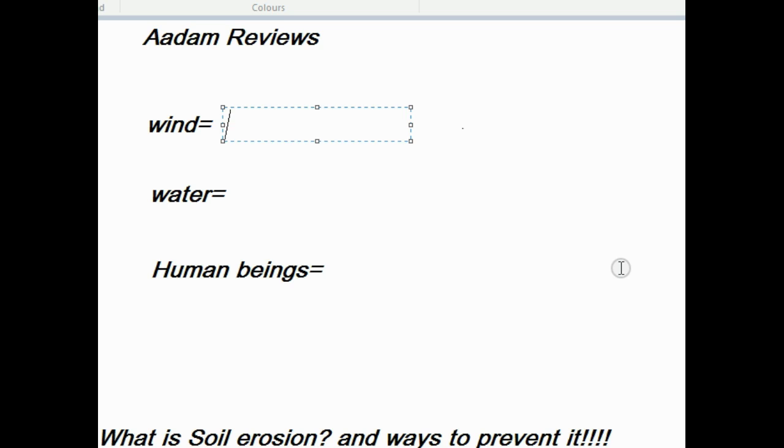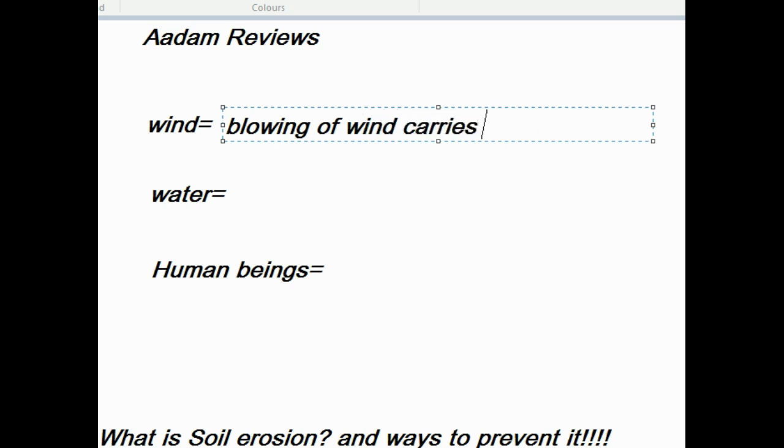The blowing of wind carries the soil. So this is how dust winds happen.